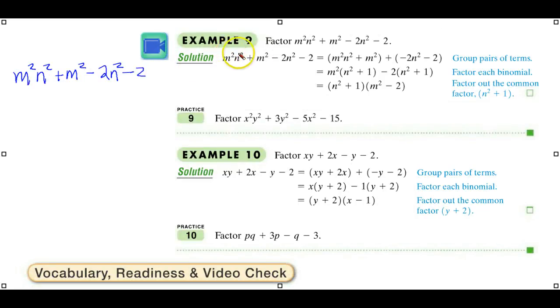Now as we do example 9, again 1, 2, 3, 4 terms, and we're going to factor it by grouping. What can I take out of the first 2 terms? Well, I can take out an m squared. And that leaves me with n squared plus 1. Now, you might say, I don't see an n squared plus 1 here, but that's what I want to get here.